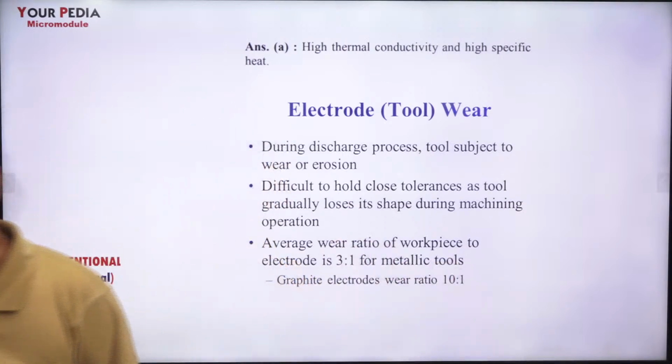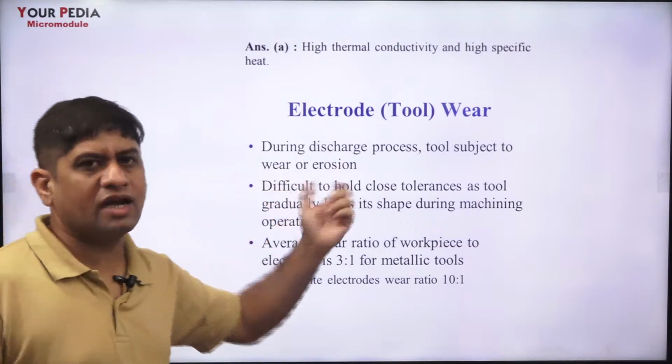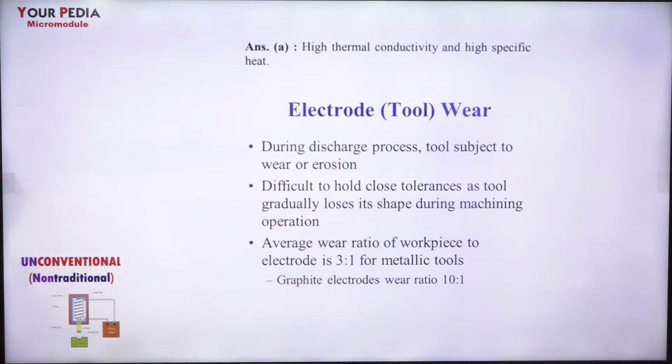Very high wear ratio in graphite electrode, as the tool is subjected to erosion and wear. So metallic 3:1, graphite 10:1.